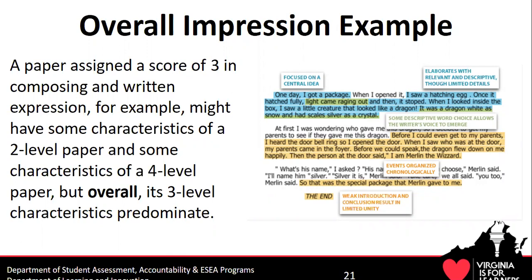But as you can see in the little notes and the overlays there, there are some characteristics of a 2 in this paper and there are some characteristics of a 4 for composing written expression. But overall, the overall impression of this paper is a 3. So you can see how you need to take into account the student's strengths and the student's weaknesses and be able to score an overall point.